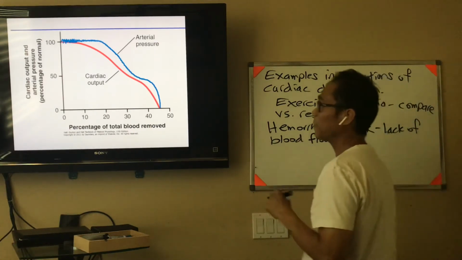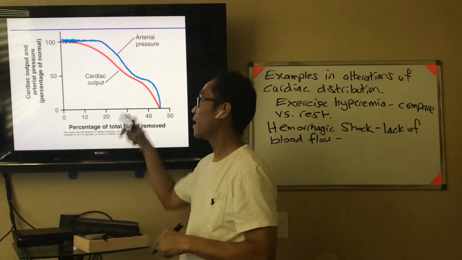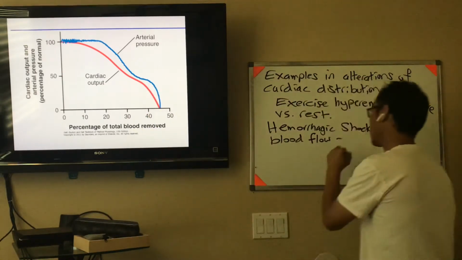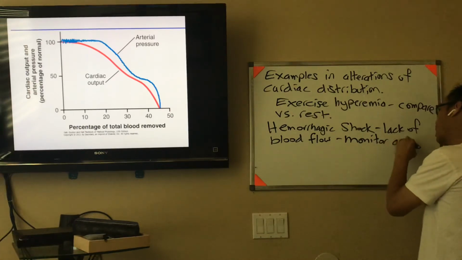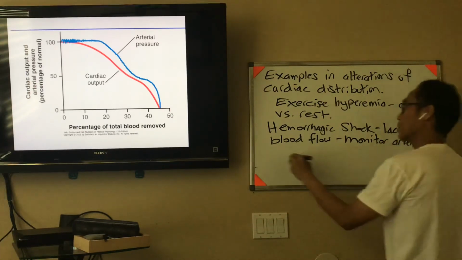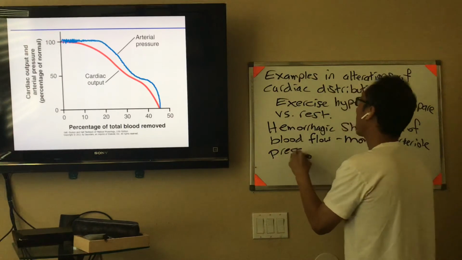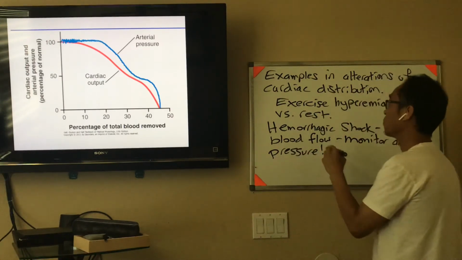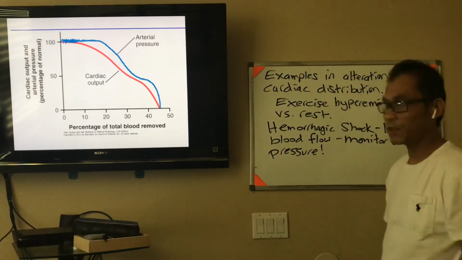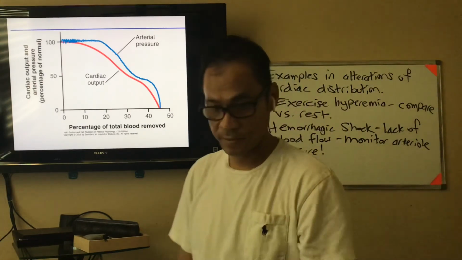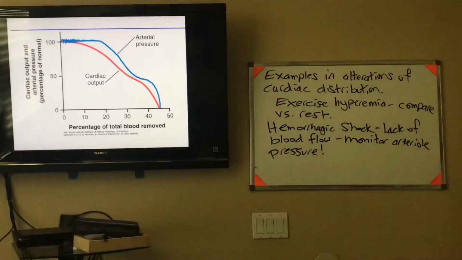So what you want to do is monitor arterial pressure. That's the key vital sign to life. Because you want to keep that cardiac distribution, you want to preserve blood flow to the vital organs. So let me kind of explain this figure a little more.